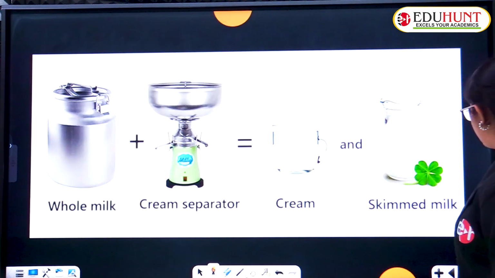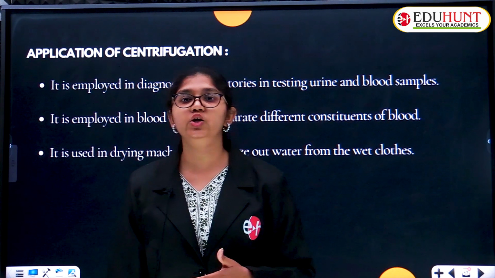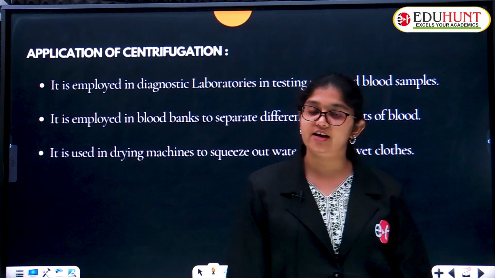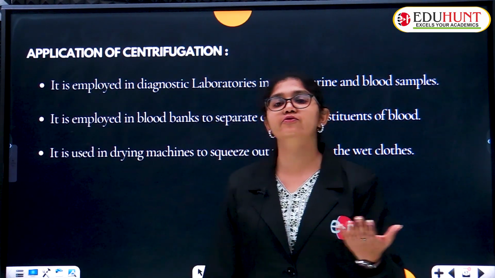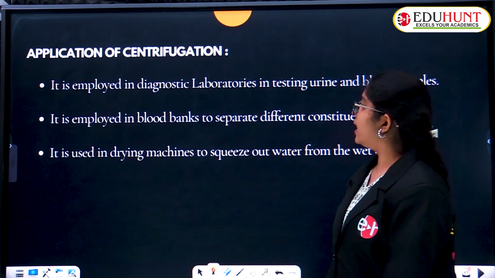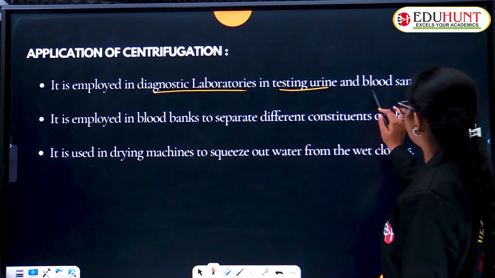So next is the application of centrifugation. Where do we use centrifugation techniques for the separation of components of mixtures? First, it is employed in diagnostic laboratories in testing urine and blood samples.